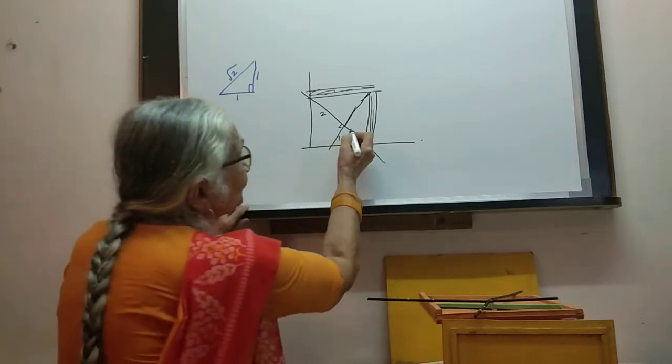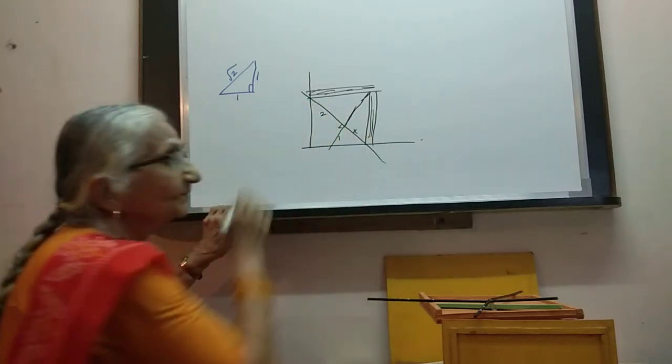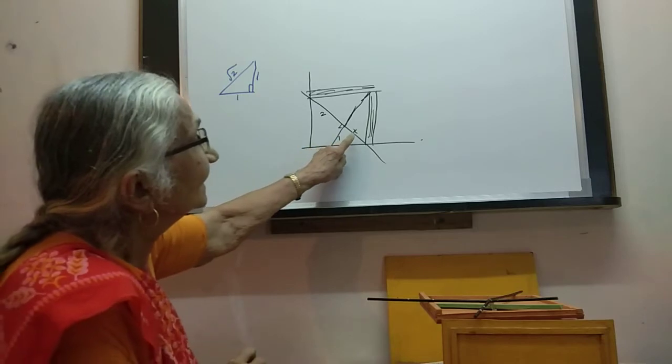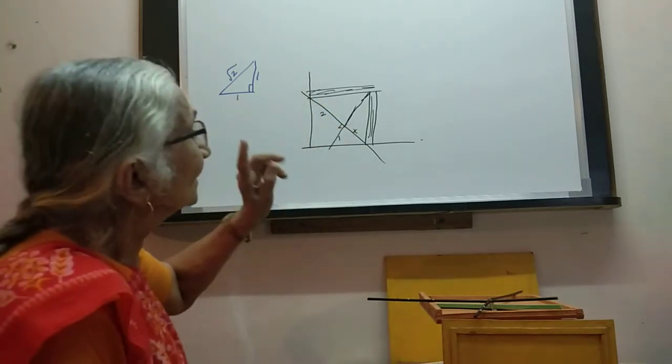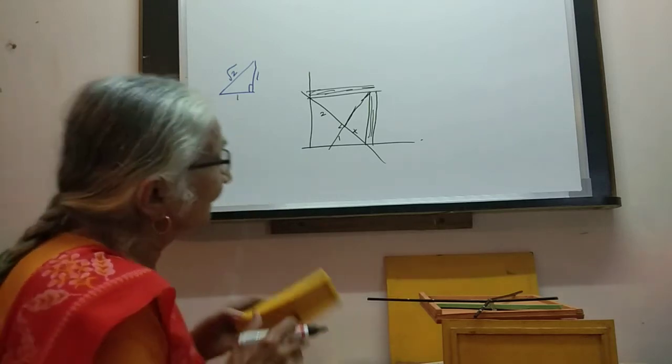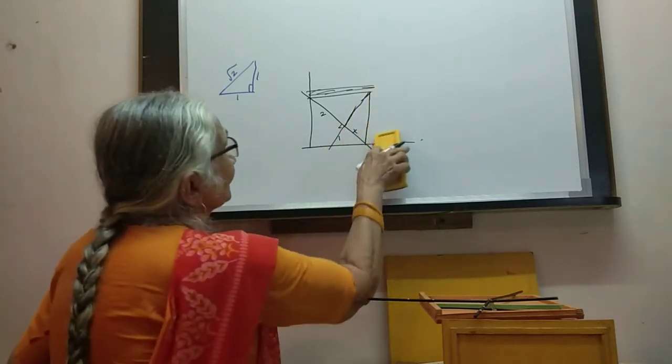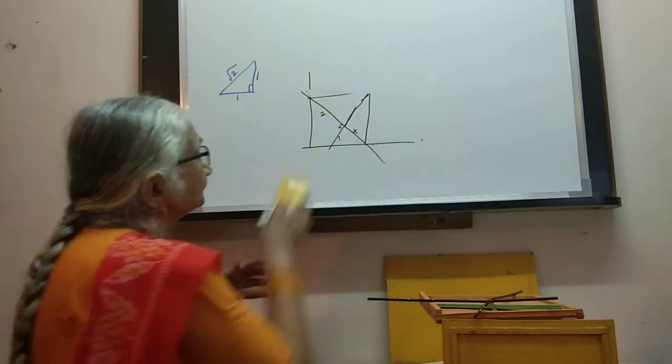Now what we are going to say is that this length, if we call x, then x is equal to cube root of 2. And now we want to prove it. In order to prove that, I will erase the extra part so we see only the relevant portion.